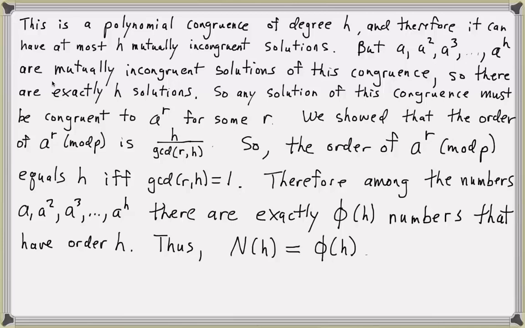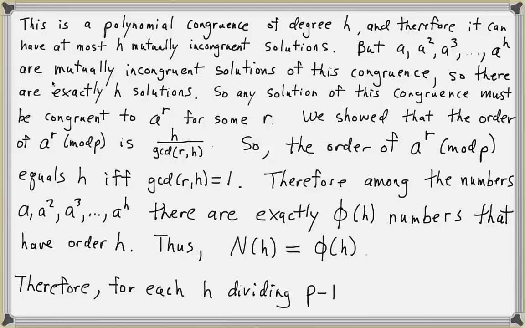So we've just shown that capital N of h is always less than or equal to phi of h for each h dividing p minus 1.